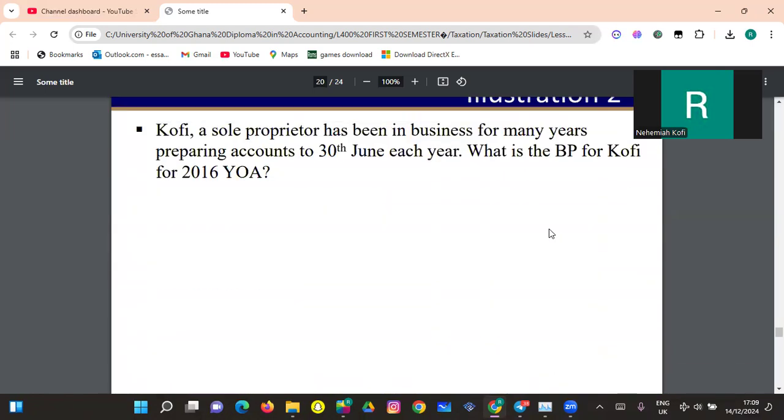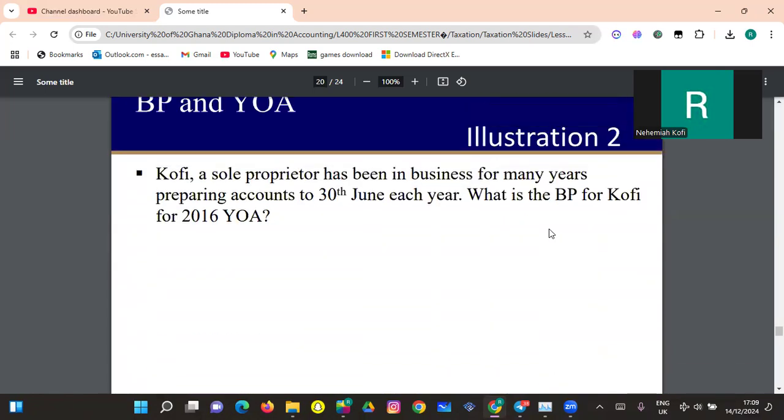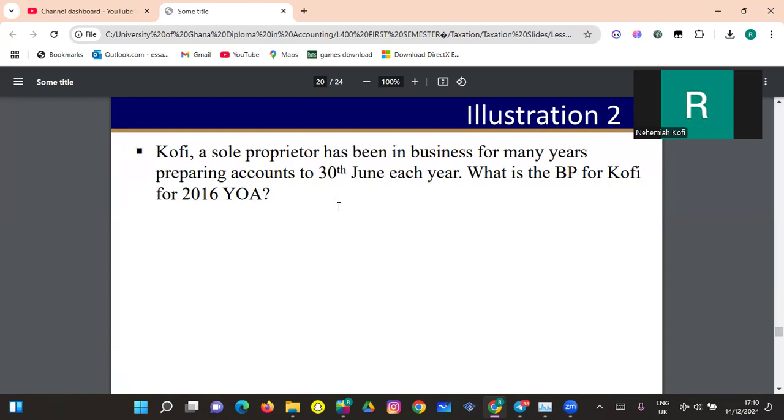Let's look at another example here. Kofi, a sole proprietor, has been in business for many years, preparing accounts on 30th June each year. What is the basis period for Kofi for the 2016 year of assessment? See, the account is being prepared on 30th June each year, meaning that it started the business on 1st July, right?